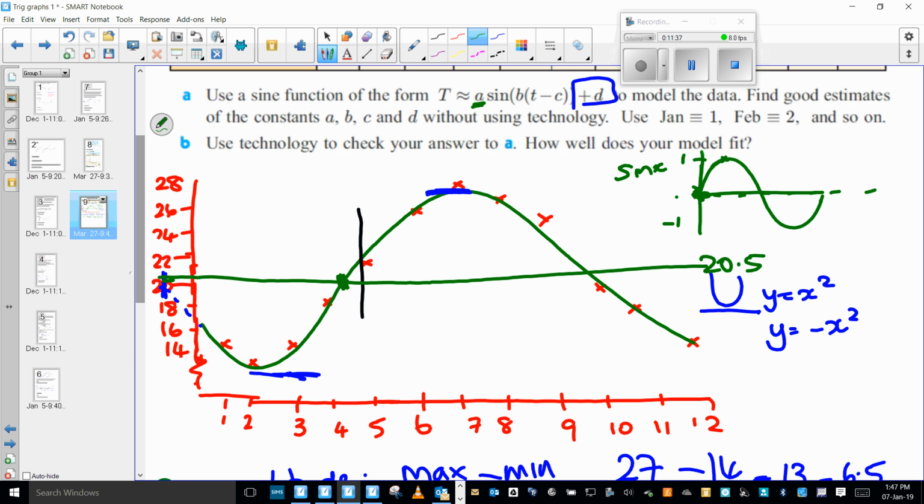But our sine curve has started over here. So what's happened is it's shifted. Normally it would be starting here on the y-axis, but it's shifted this amount away. Can you all see that? Now, it's shifted over to this point here. We're not using technology, so we can't use any technology to help us.